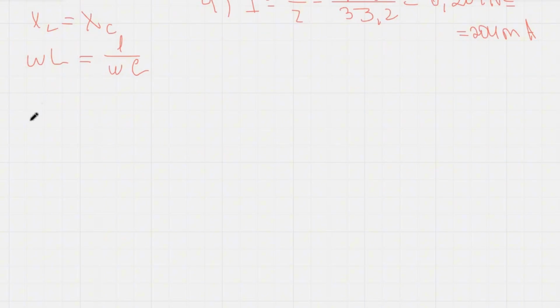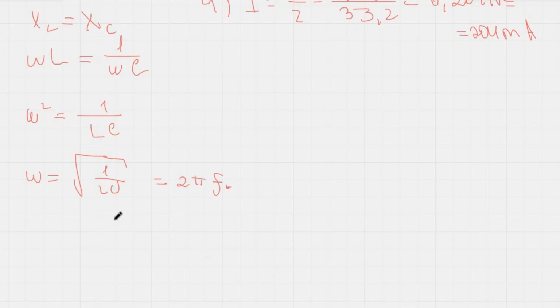If we calculate it, we get this number, like 1 over LC, and our angular velocity equals square root of 1 over LC. Also, our angular velocity, we know that it equals 2 pi f.